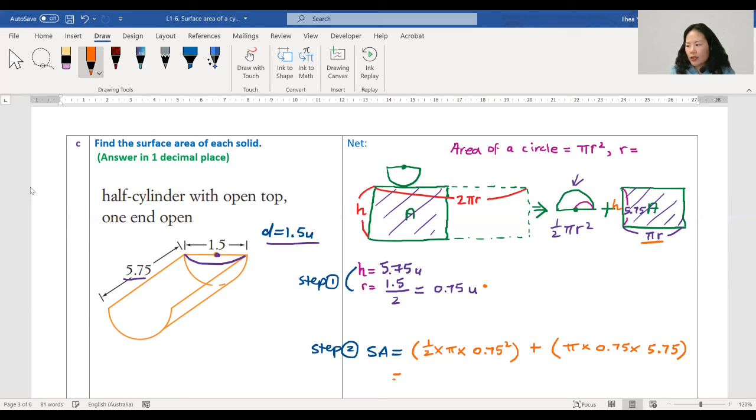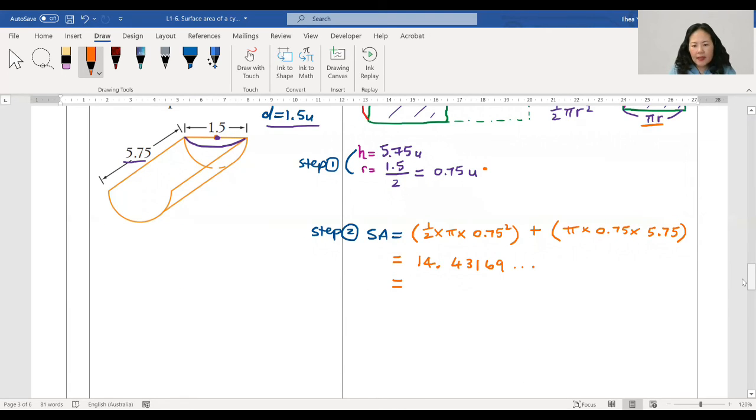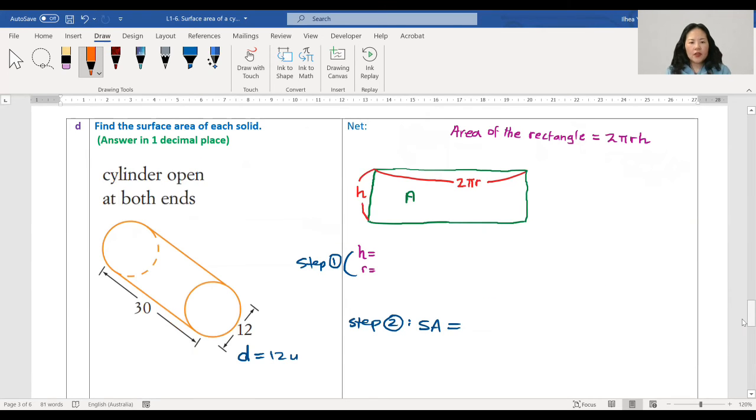So put all that in your calculator exactly the way I set it up. You will get 14.43169... I want it to be in 1 decimal place, so that will be Mandy. How do you write in 1 decimal place here? 14.4 square units. Yep, square units. Excellent, good job.